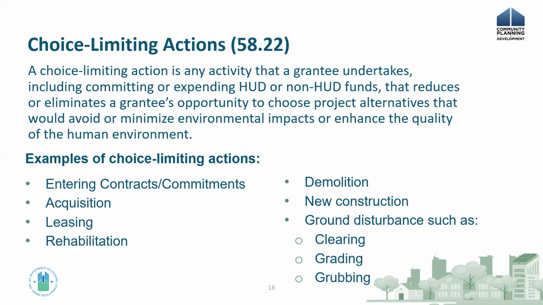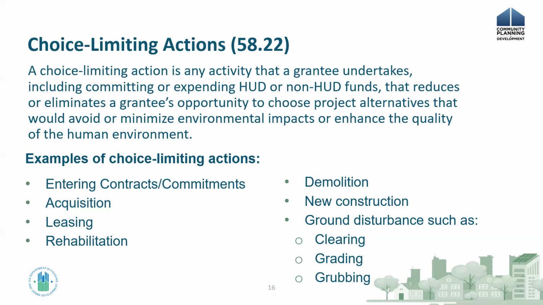Although activities that were committed to under a pre-nexus contract are technically allowed, physical actions taken after the nexus may prevent a satisfactory environmental review, preventing drawdown of the grant funds. So all activities performed after that federal nexus are subject to a satisfactory review in order for the project to be eligible for payment.